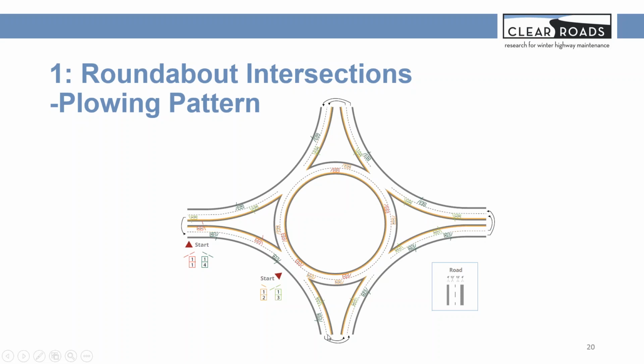When they finish that, they start pass 4, to clear the right lane on all the legs. Here they use both the front plow and the right wing plow and push snow to the right, repeating the same pattern for all 4 legs.